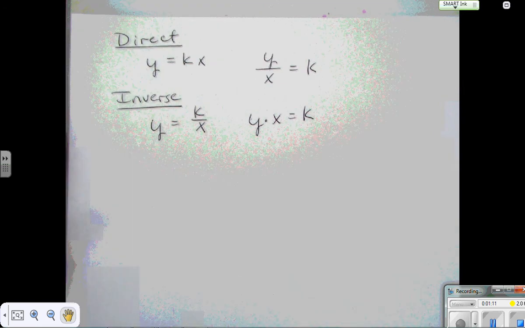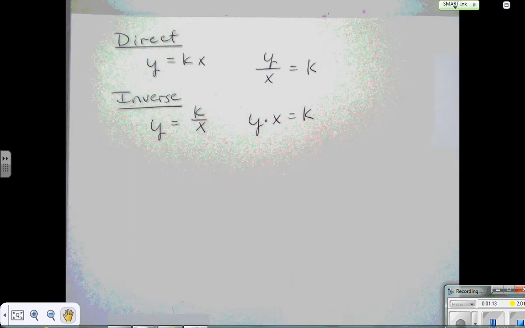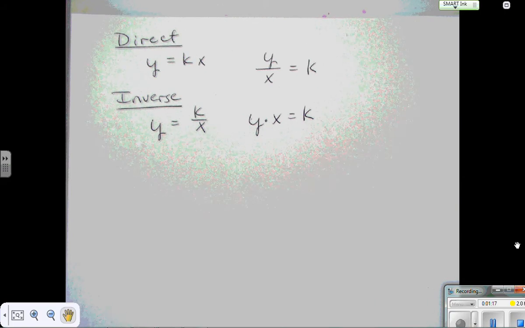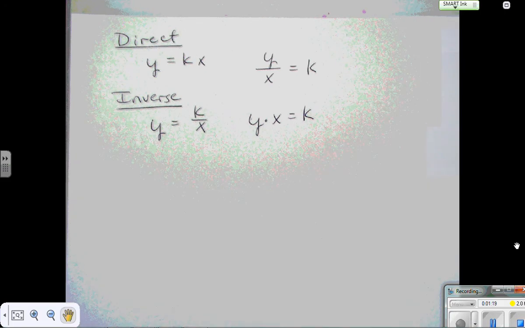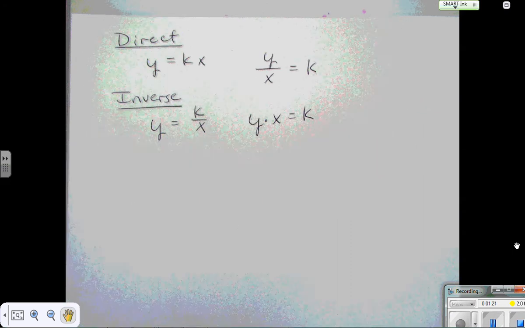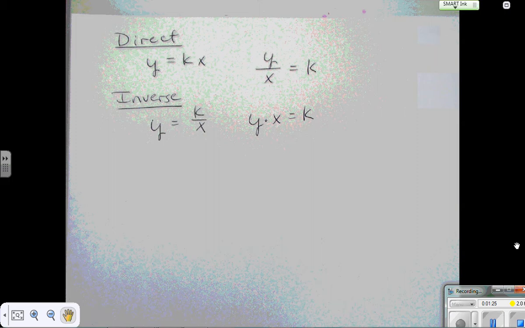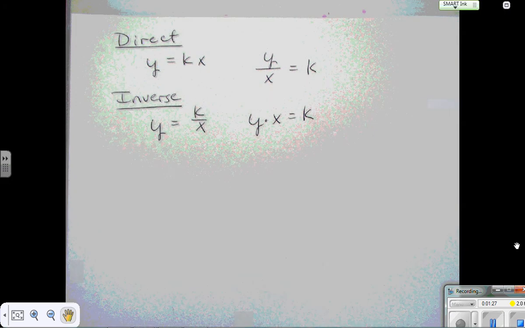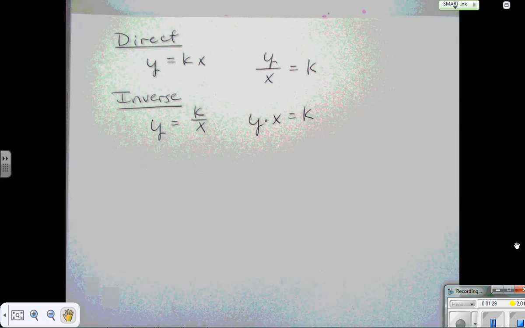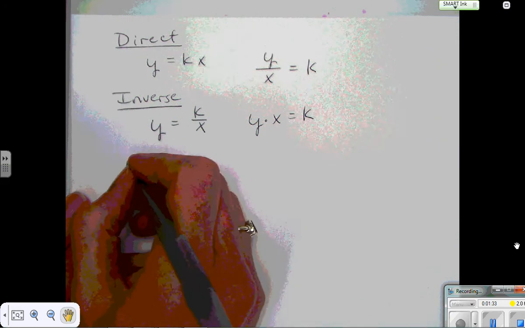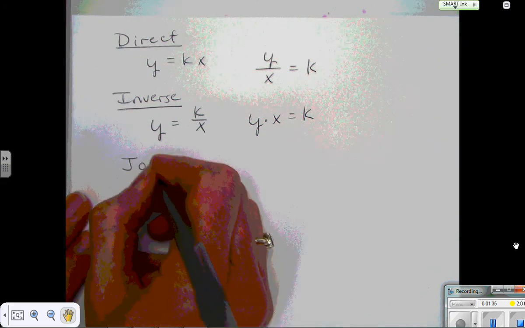And when you're setting these problems up, it doesn't matter which one is the x and which one is the y, as long as you're consistent with how you set the problems up, okay? And then the last, in an inverse variation, as x increases, y decreases, or vice versa. Then the last kind of variation we're going to be working with is joint variation.